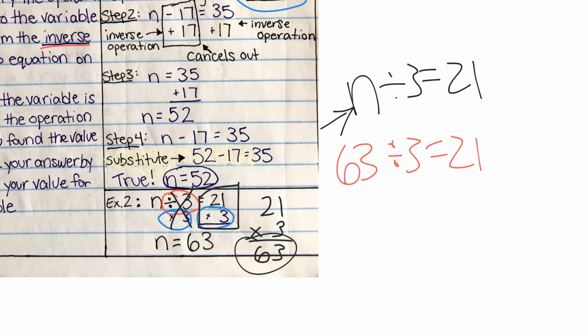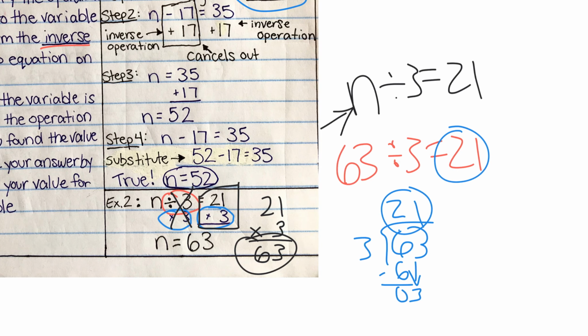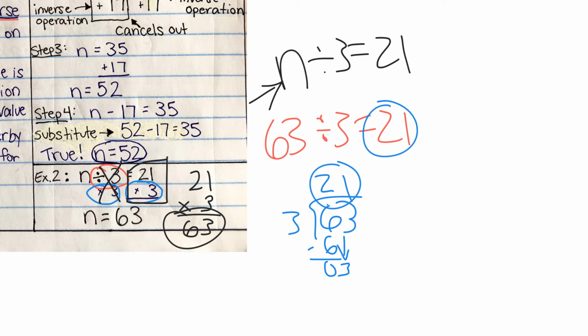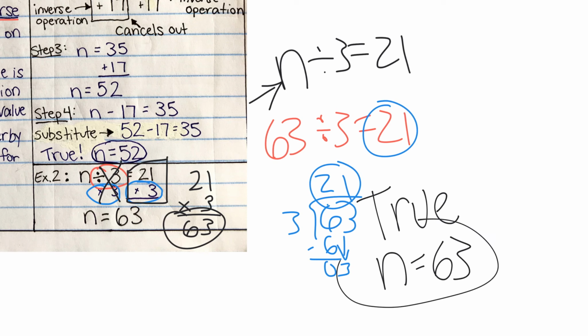I don't know if we can do this in our heads, so why don't we go ahead and put it in a box. Let's do 63 inside the house, 3 on the outside. 3 goes into 6 twice. Remainder of 0, bring down the 3. 3 goes into 3 once. 21. So that means our statement is true, and yes, n equals 63.